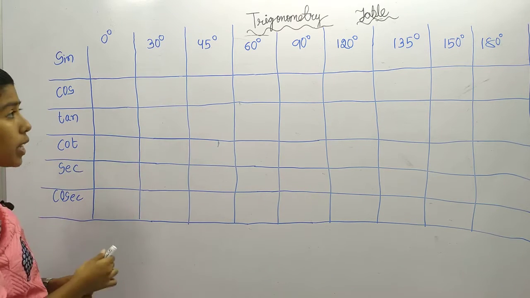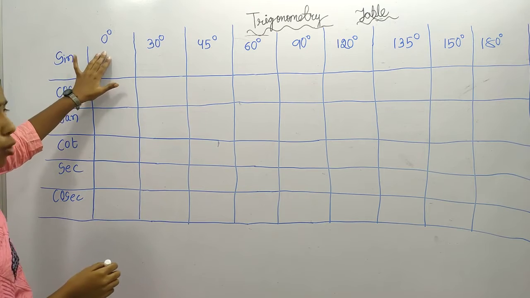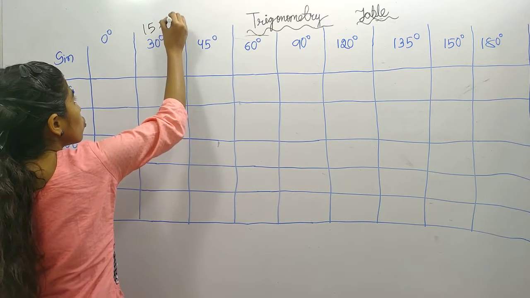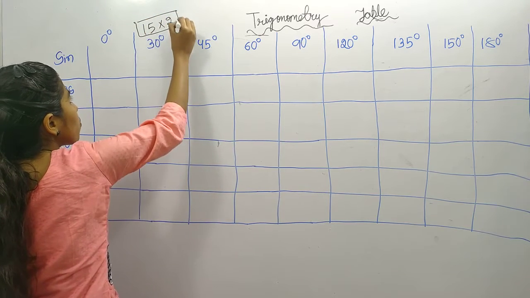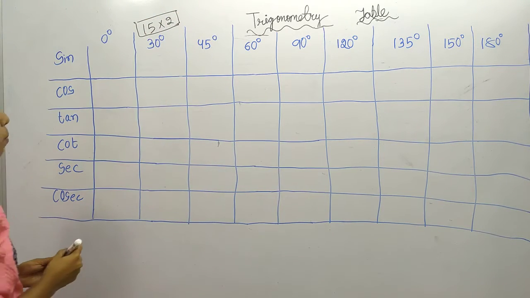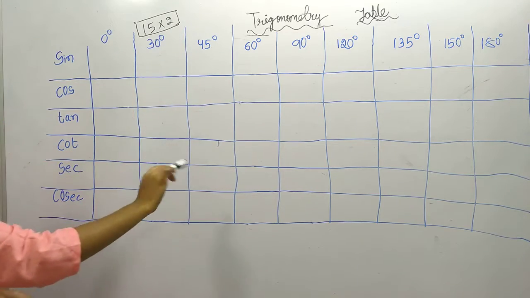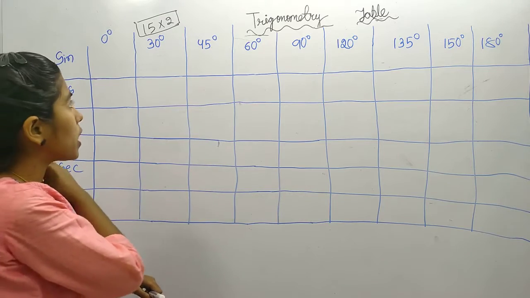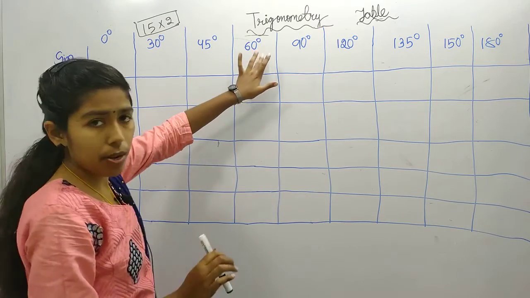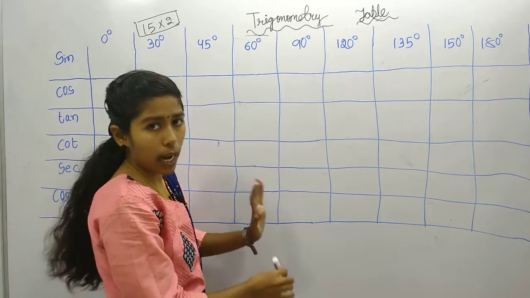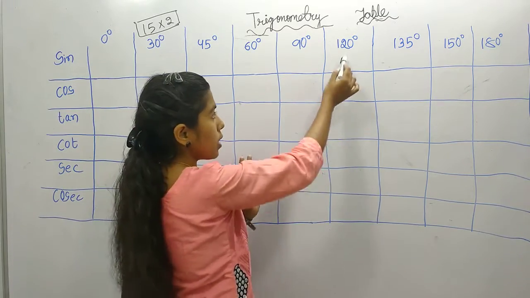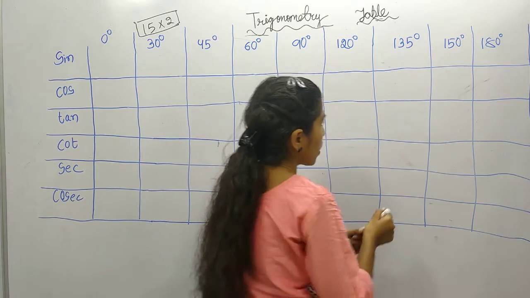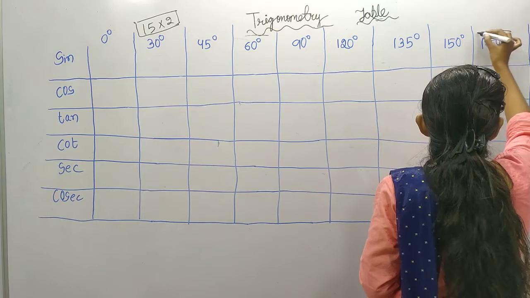You can remember the 15 table. So here you see 0, then you will start from 15 into 2. Okay, from 15 into 2 you have to start the 15 table. 15 into 2 is 30 degree, 15 into 3 is 45, 15 into 4 is 60. But here you see 15 into 5, 75 will not be there, then 15 into 6 is 90, 7 will not be there, then 15 into 8 is 120, 15 into 9 is 135, 15 into 10 is 150, then at last 180.